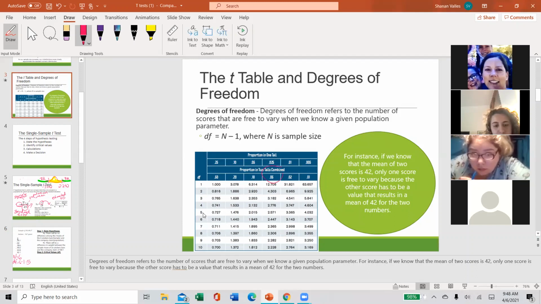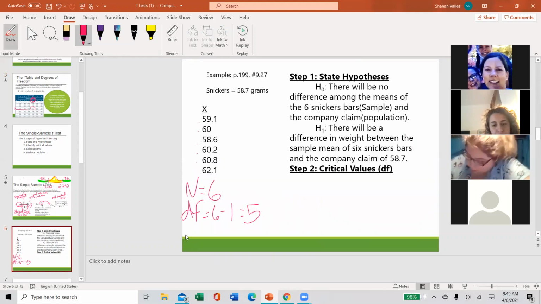We're always going to be in this two-tailed 0.05 column. So we just slide our finger over and we see here our critical value is 2.571, degrees of freedom of 5, and that column right there, 2.571.